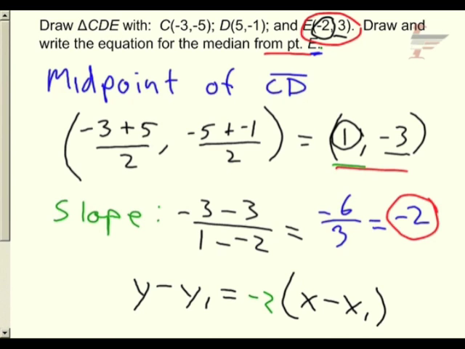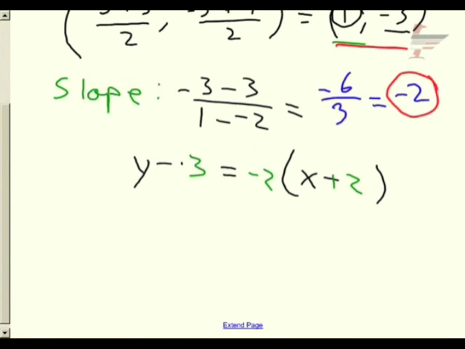And the point that we're going to use is, well, this point up here. We have -2 is the x value, so we could say +2. And then 3 as the y, so -3. Then to get that into slope-intercept form, we'll use the distributive property and then add 3 to both sides.